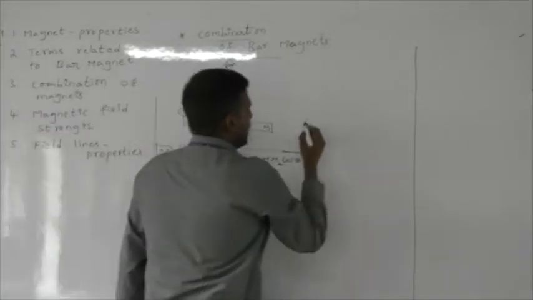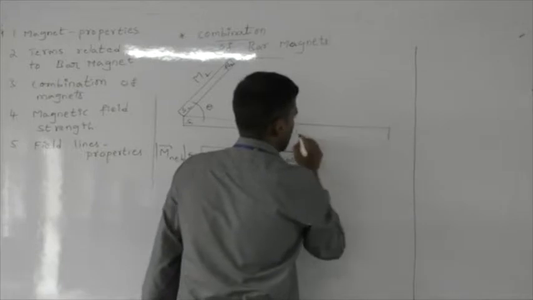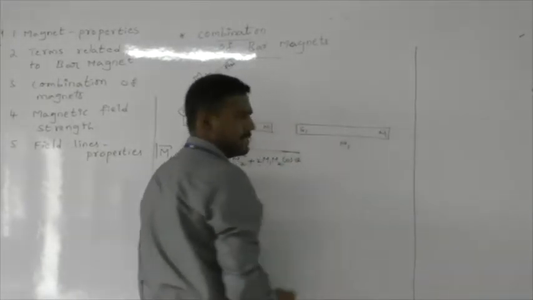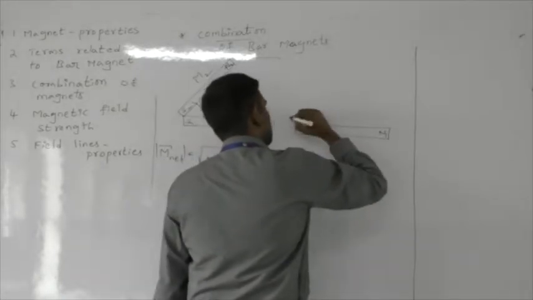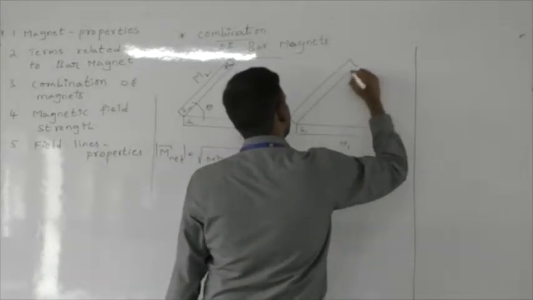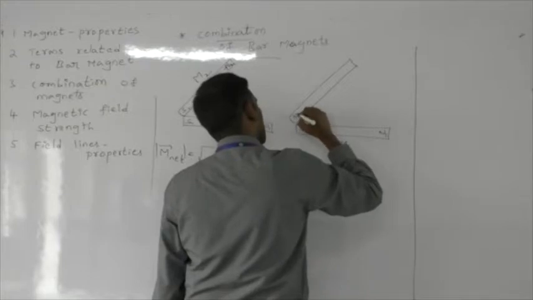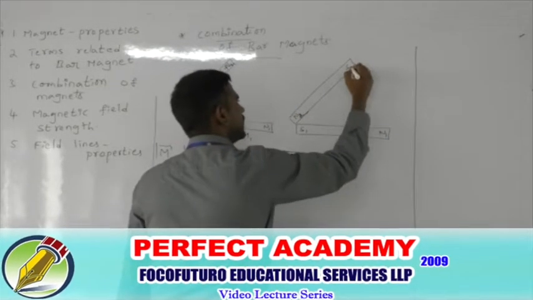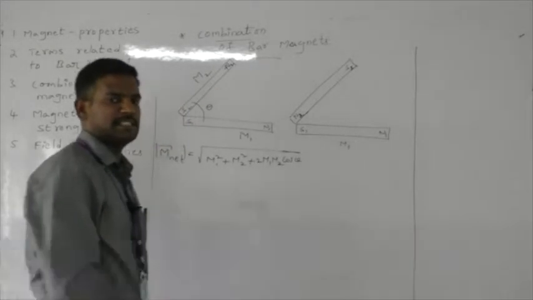Now let us look into this situation. Here I have the same S1 N1 which has the magnetic moment m1, and here I have another bar magnet which has north pole and south pole like this. It is the second magnet, right? So S2 N2. Then what is going to be the resultant magnetic moment?